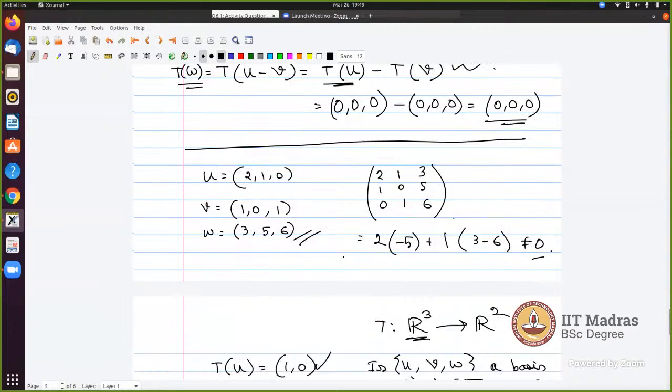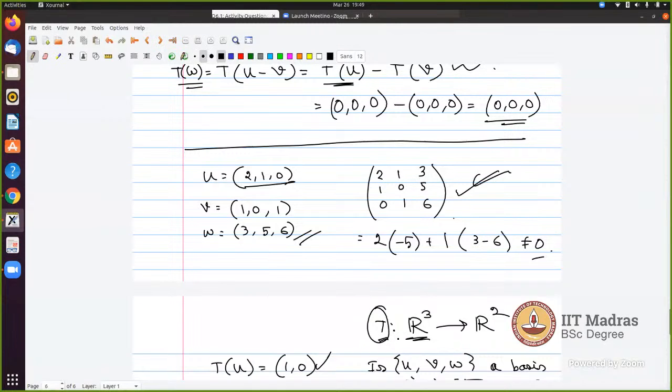I have not computed rank-nullity for T. I have just written these vectors as a matrix for checking linear dependence or independence. So the nullity of this matrix is 0, but that has nothing to do with this linear transformation.